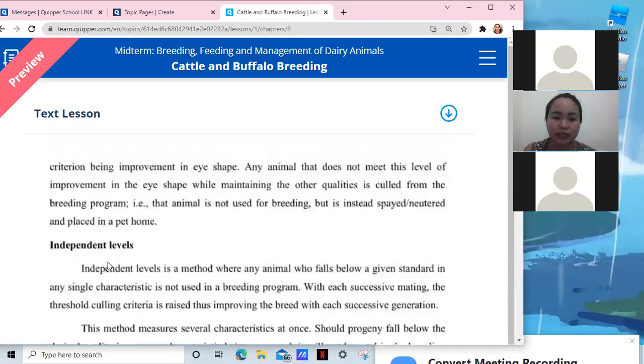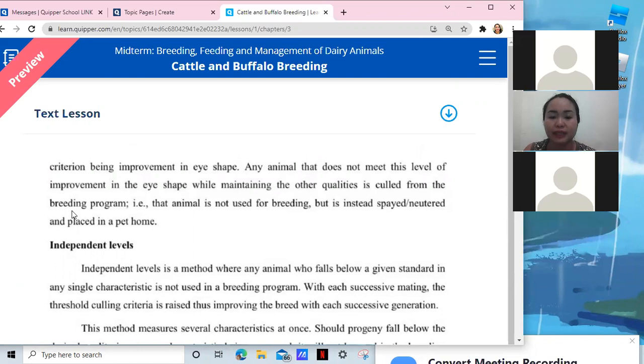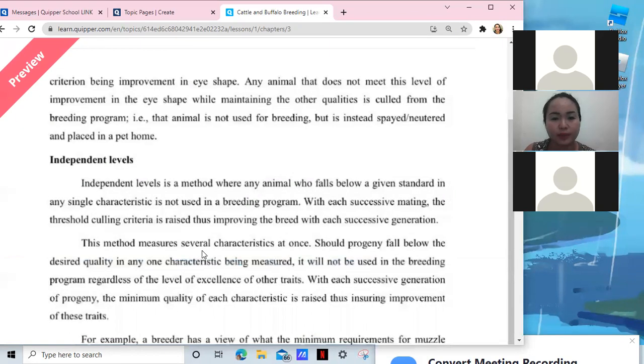Then i-breed na siya to improve the criteria of the eye shape. And if the animal does not meet the level of the improvement of the eye shape while maintaining the other qualities, so i-culled siya in the breeding program. Therefore, katong animal is not used. Instead, it is spayed, neutered, or placed in a pet home.